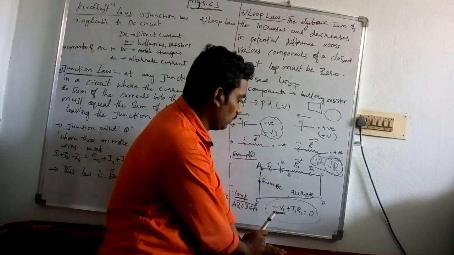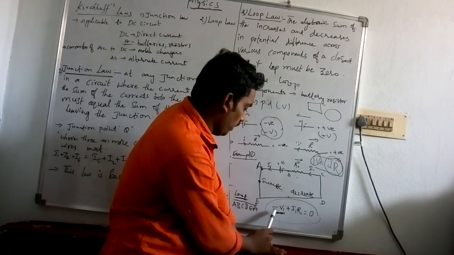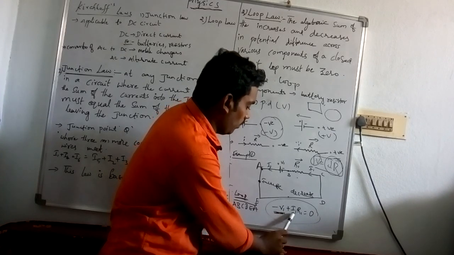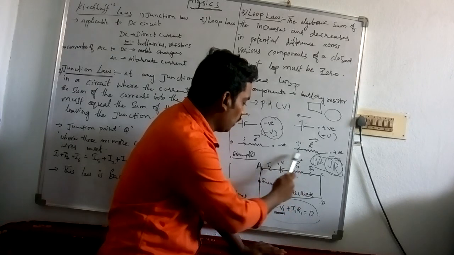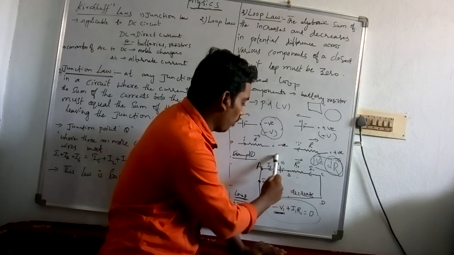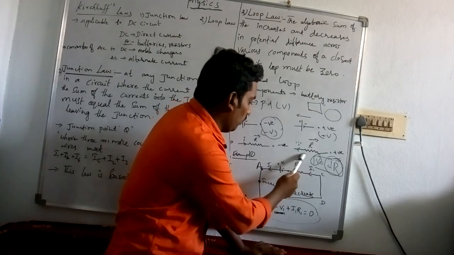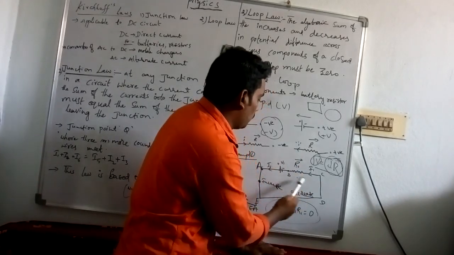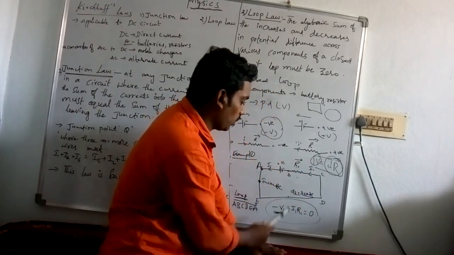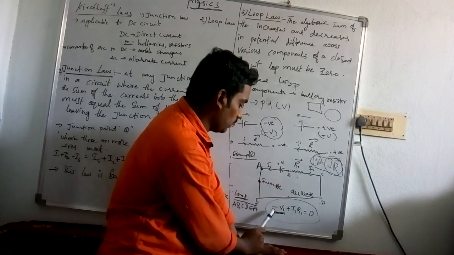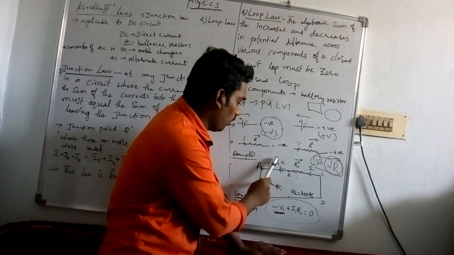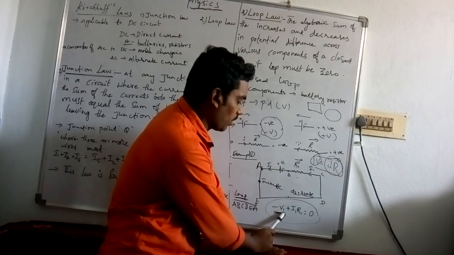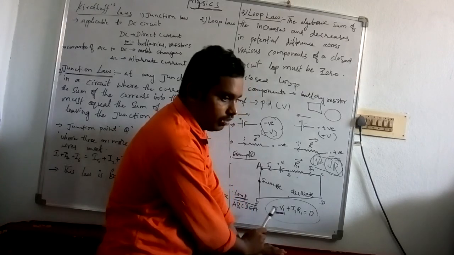Then, minus V1 plus I1R1: the battery potential difference is minus V1, and the resistance potential difference is I1R1. Their sum is always equal to 0.